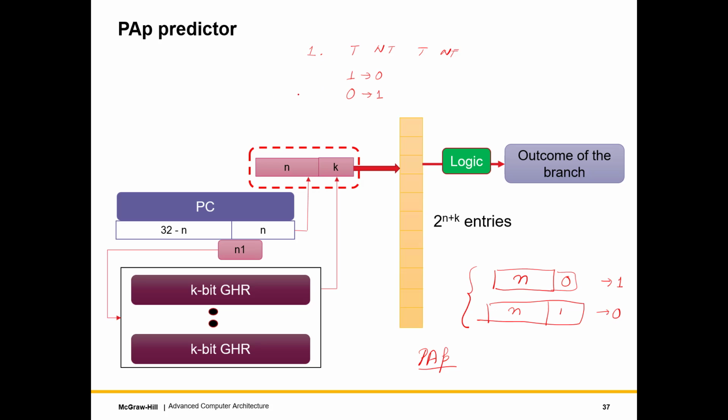One of them is this alternating pattern. The other one is the first iteration of the foo function, which should ideally depend only on the context of the foo function and nothing else. So having multiple GHRs helps us avoid that destructive interference.